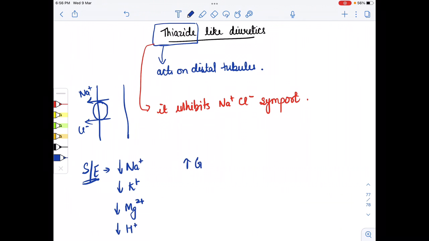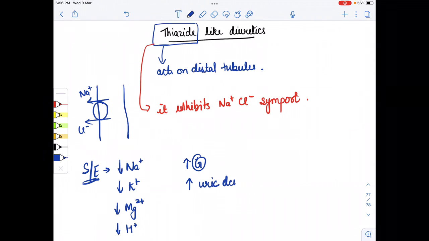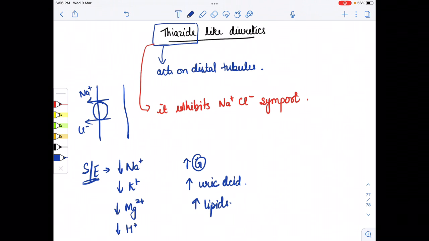Also, it increases the glucose in the blood, meaning it leads to hyperglycemia. It leads to hyperuricemia because it increases the uric acid in our blood, and it also increases the lipids in our blood. These were the side effects of thiazide. Because it loses sodium and chloride, natriuresis will occur, and there is hyponatremia in the blood. So these were the side effects.